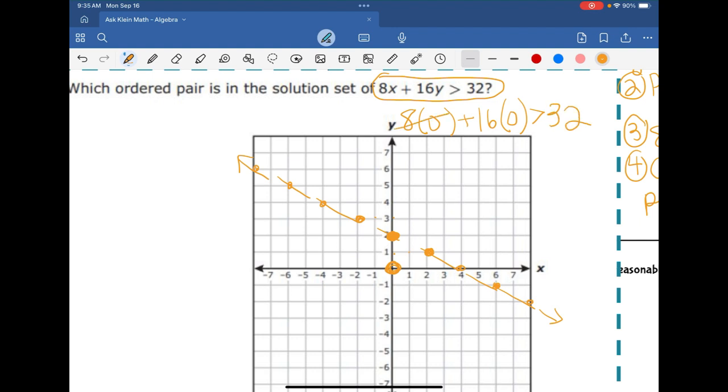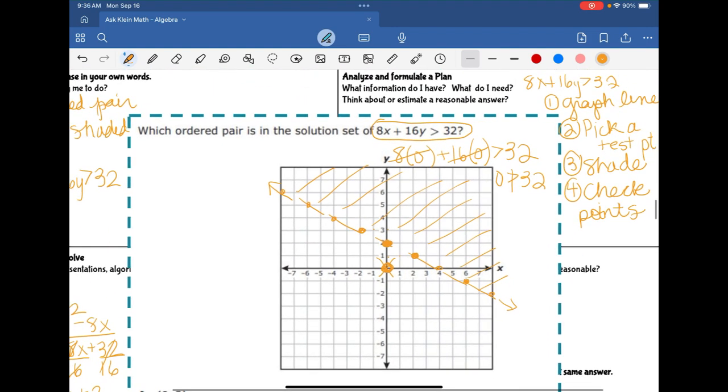That gives me 0. Is 0 greater than 32? That is not true. So this x and y coordinate that I've chosen is not in the shaded region, so I would shade in the region above.